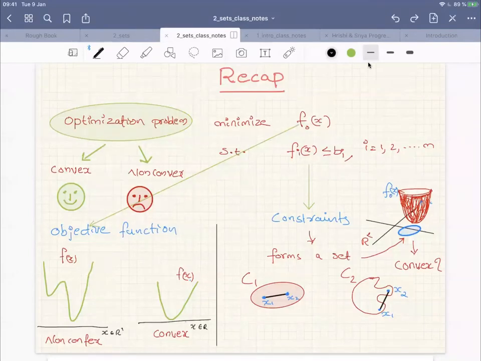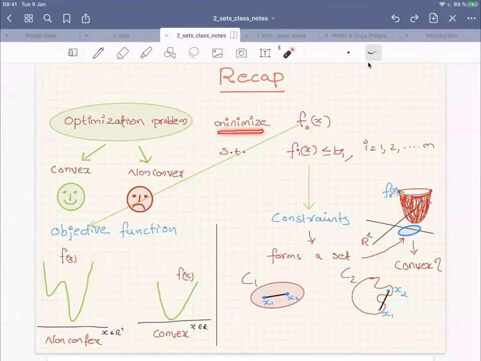A quick recap. In the last class, we saw what an optimization problem is, the framework of an optimization problem.